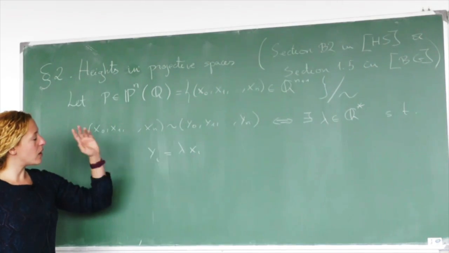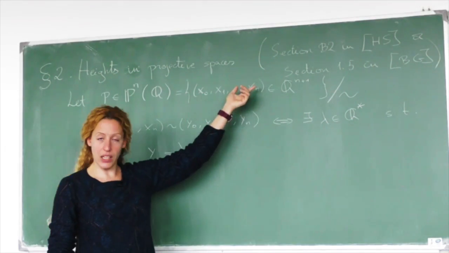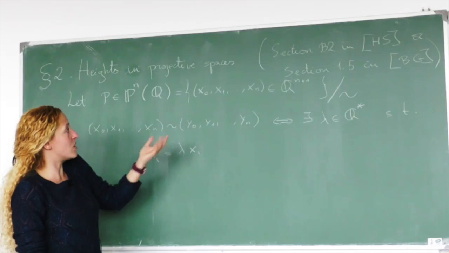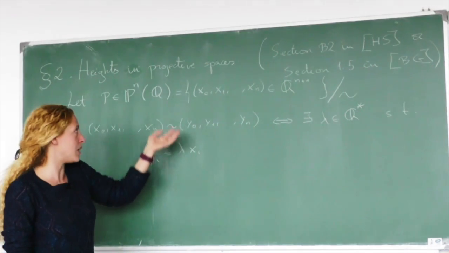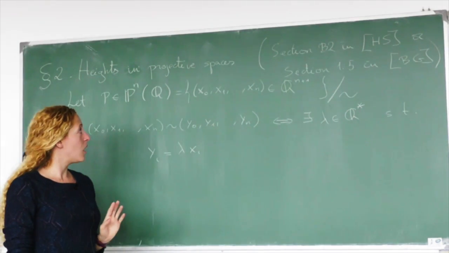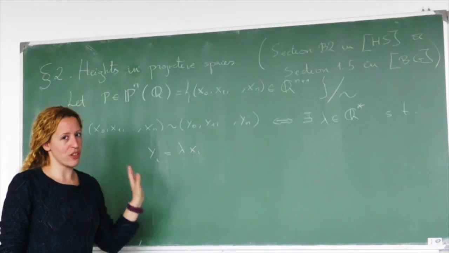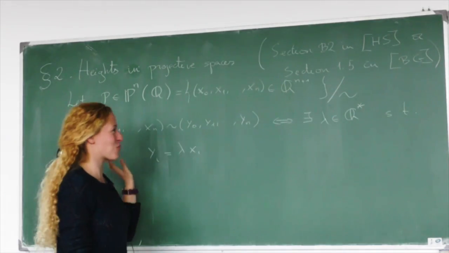So this defines an equivalence relation, and we can consider the classes by this equivalence relation, and this is a projective space. But again, I'm sure that you already know this, so this is just a recall.